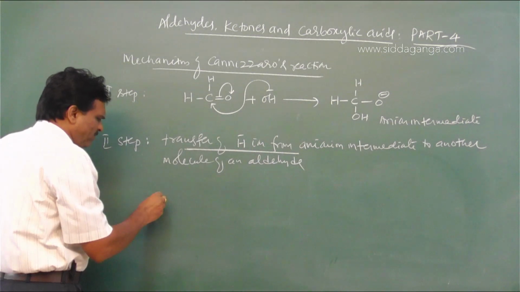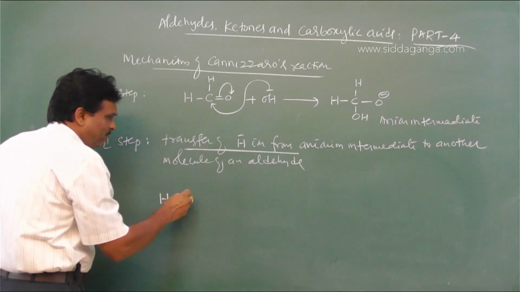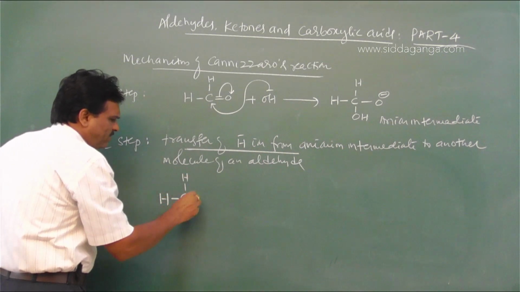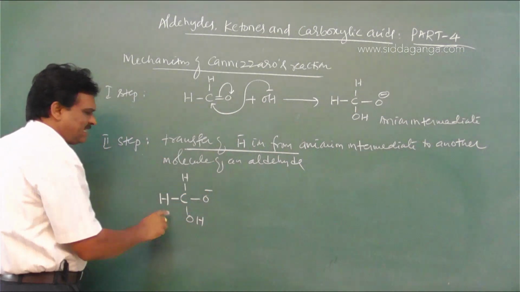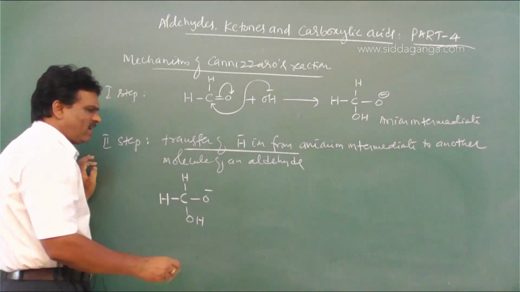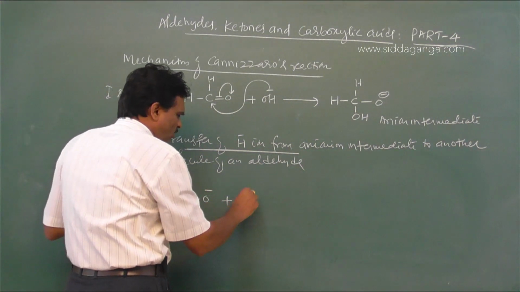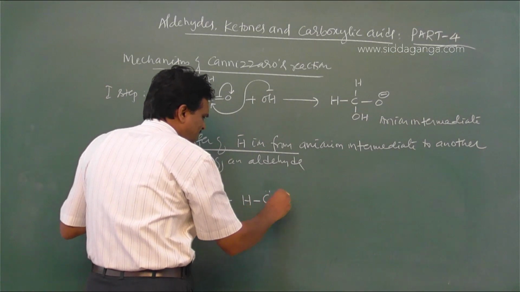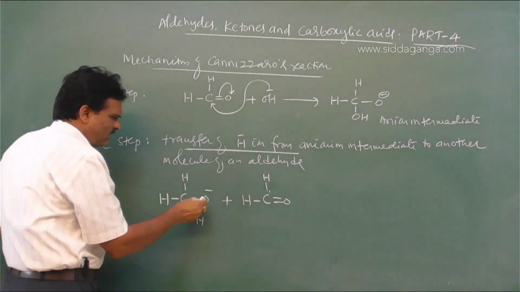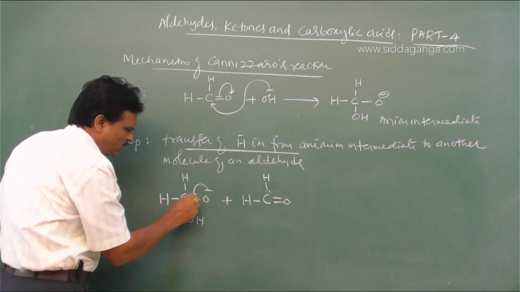So look here, HC-O minus-OH. This is the anion intermediate. Hydride ion transfer takes place to another molecule of an aldehyde, HCHO. So in this case, the bonding electrons come over here.